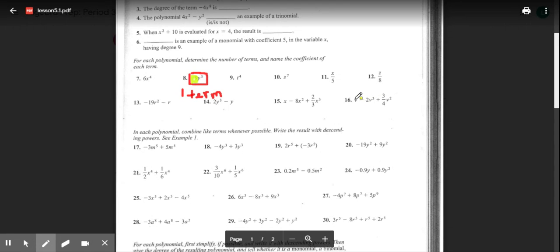Okay. So we have 1, 2, 3 terms. Okay. So there are 3 terms.